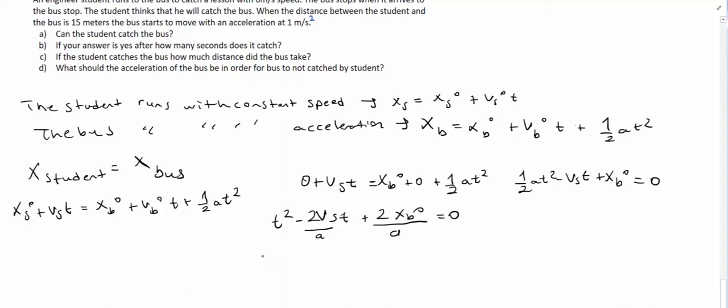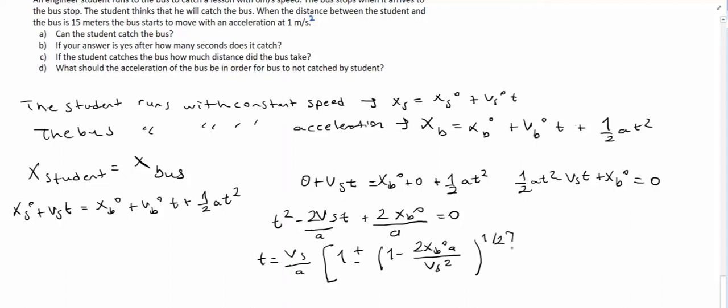Now we will have an equation that shows t equals vs over a times parentheses 1 plus minus the square root of 1 minus 2 xb a over vs squared.